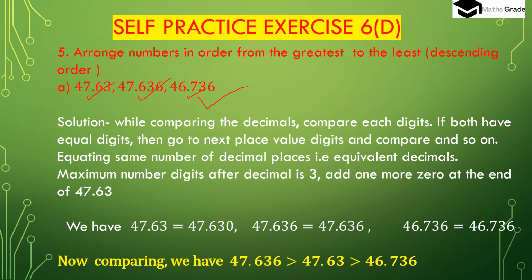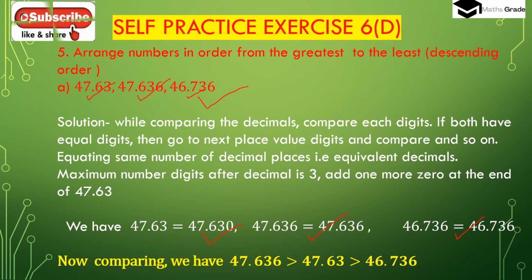So 47.63 will be 47.630. 47.636 has 3 decimal places, and 46.736 also has 3 digits after the decimal point.